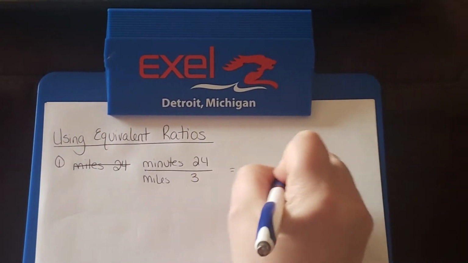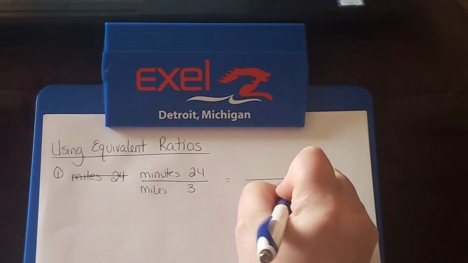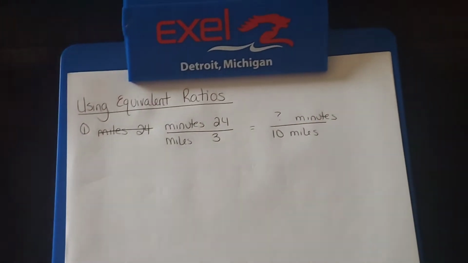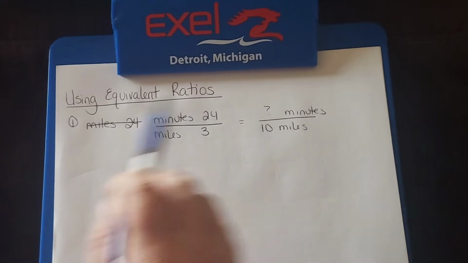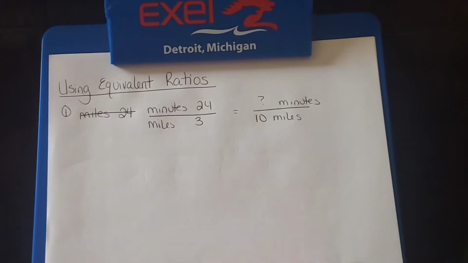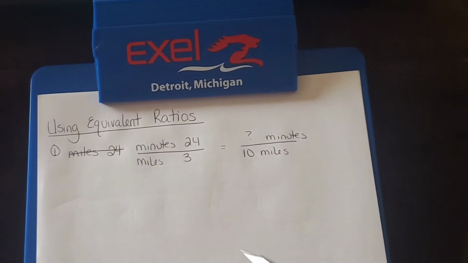And you want to know how much time it would take for her to run 10 miles. So we don't know the minutes. Well, it's not a very easy equivalent ratio because 3 times something is not 10.